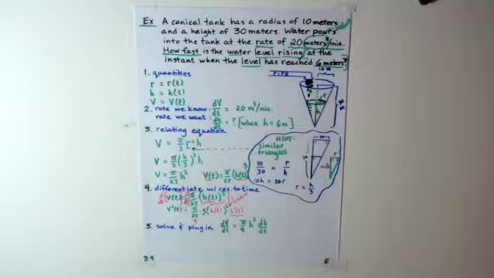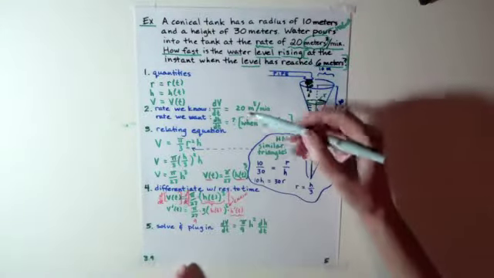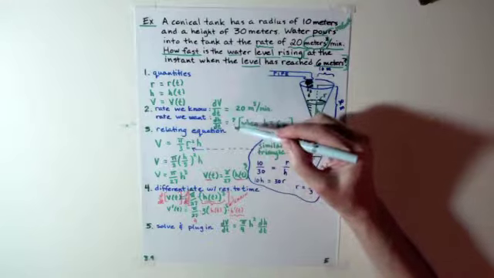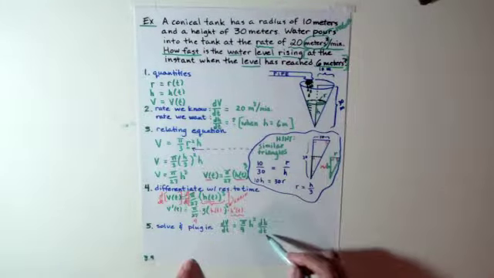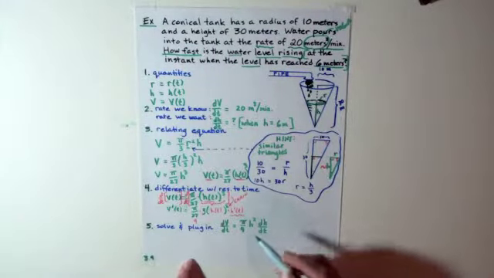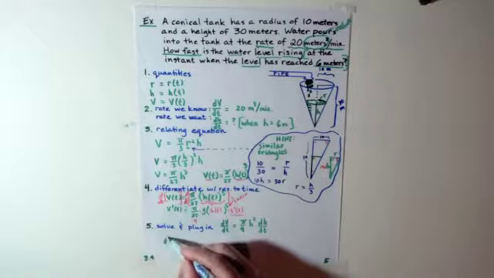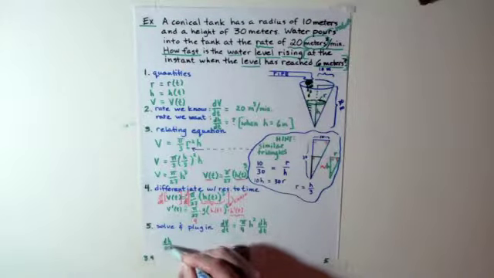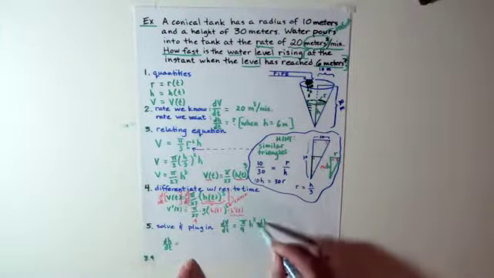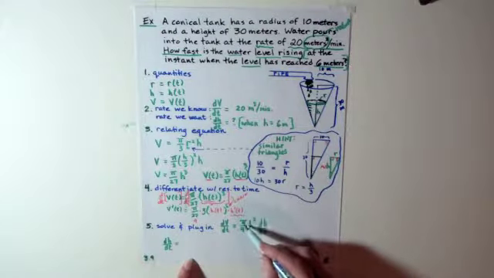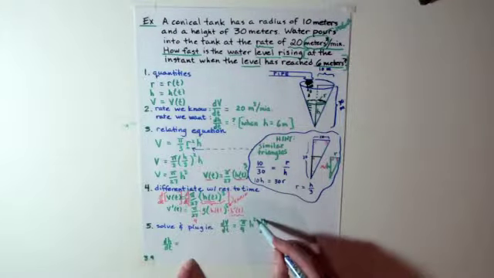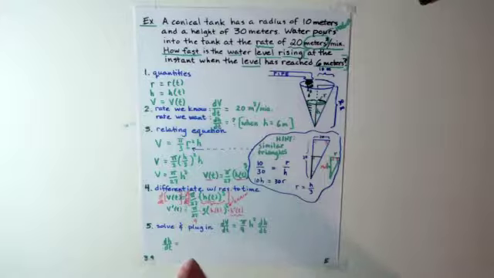Okay, great. Now we should be able to try to solve for the thing that we want and plug everything in. Well, what were we asked to find? We were asked to find dh dt. So I want to isolate the dh dt here. Let me go ahead and do that. I'm going to put it on the left-hand side. dh dt will be equal to, and I'll divide both sides by pi over 9 times h squared, or another way to say it is that we're going to multiply both sides by the reciprocal of that.